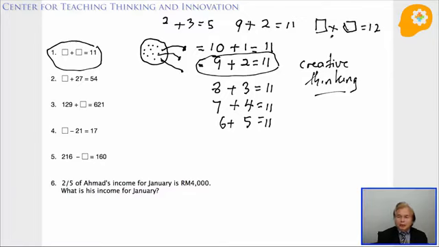Several ways of getting what times what equals 12. This kind of question will also develop creative thinking. Or what divided by what equals 5, for example. So this might be suitable for primary 2 and 3, where they learn about multiplication and division, right?